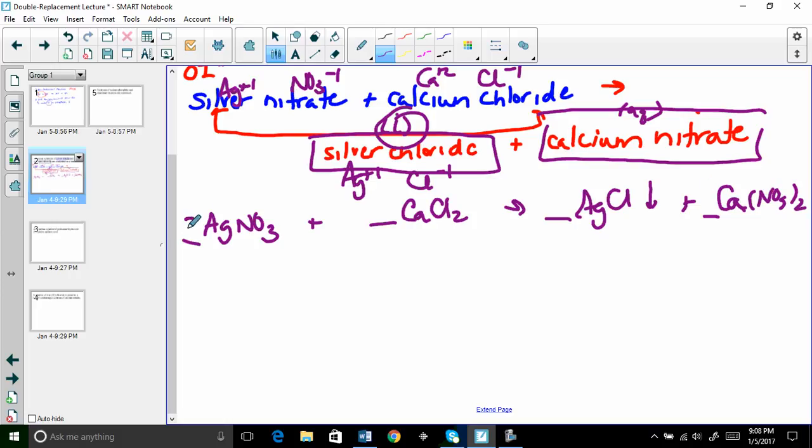So I have to put a 2 there. Look at, I just unbalanced the silver, so I have to go back and finish it. Skip over the oxygen. 1 calcium, 2 chlorine, 2 chlorine because of the distributive law, 6 oxygen, 6 oxygen. This is balanced when it's 2 to 1 to 2 to 1.